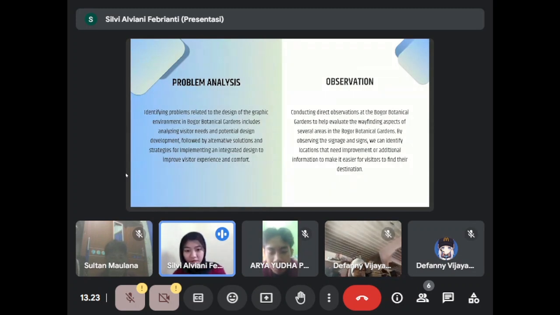And next is observation. Conducting direct observation at the Bogor Botanical Garden helps evaluate the wayfinding aspect of several areas. By observing the signs, we can identify locations that need improvement or additional information to make it easier for visitors to find their destinations.